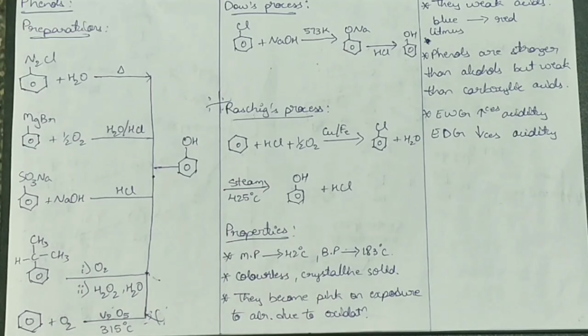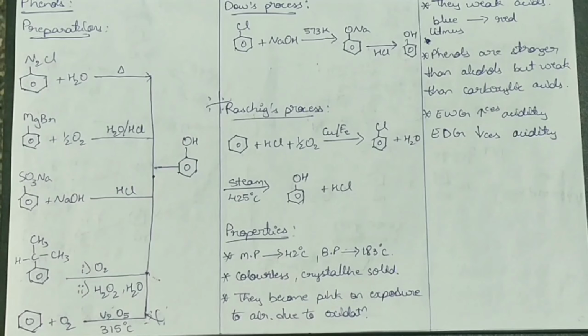Further, the formed chlorobenzene is steamed at high temperature, at 425 degrees Celsius, to give phenol. So what happens in the Raschig process? First, benzene is converted to chlorobenzene, and next that chlorobenzene is steamed at high temperature, forming phenol.